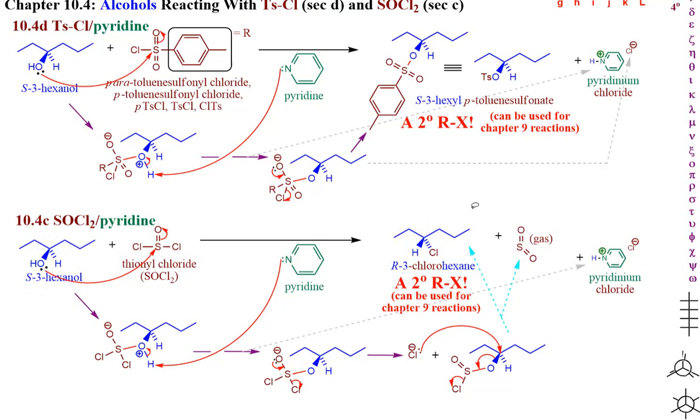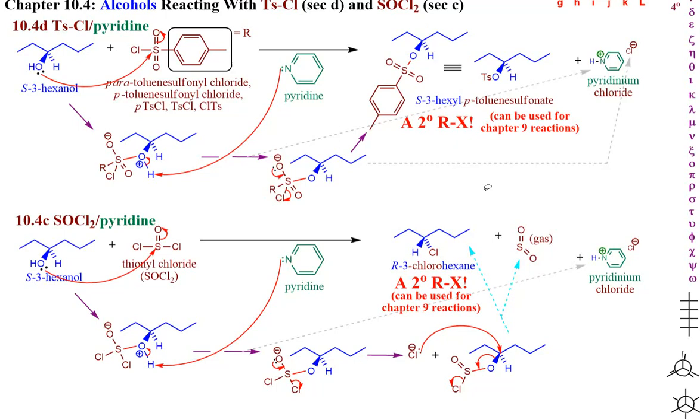So in this video, we've accomplished an important objective, taking readily available alcohols to make them into carbons with leaving groups where the stereocenter either stays the same or is flipped. Alcohols are very common starting materials for synthesis because they're readily available and usually fairly inexpensive.